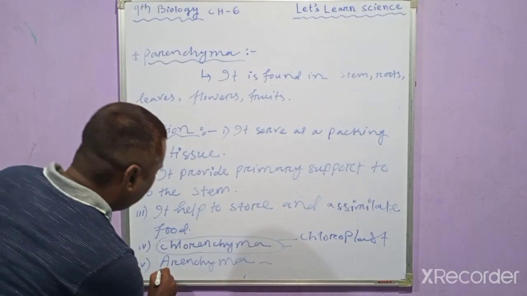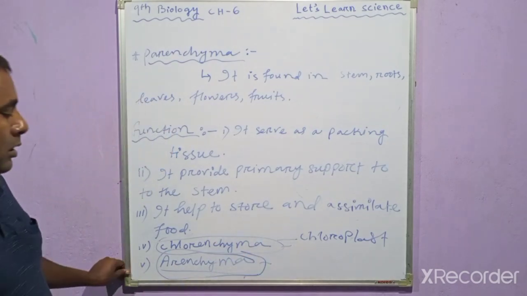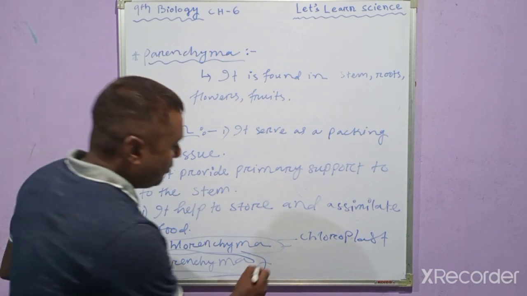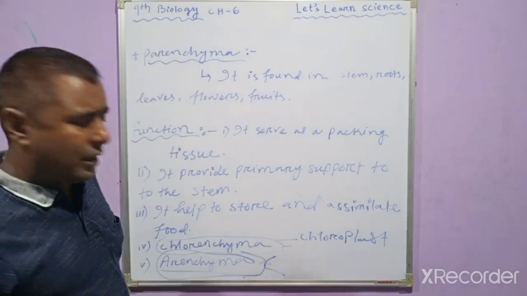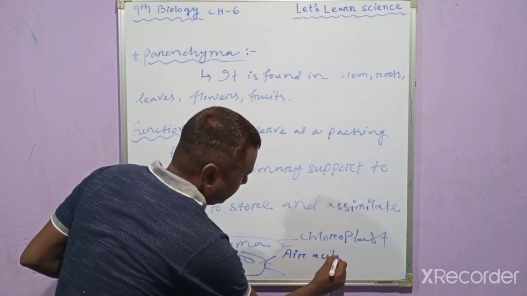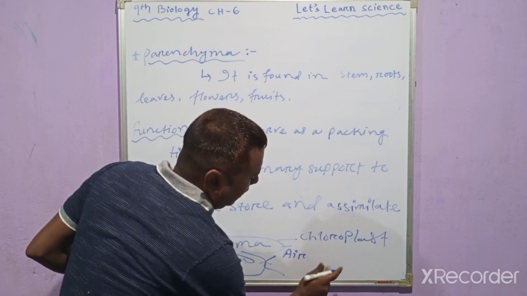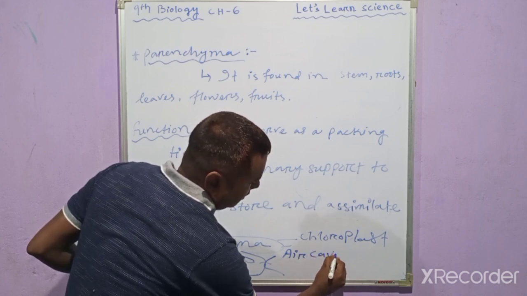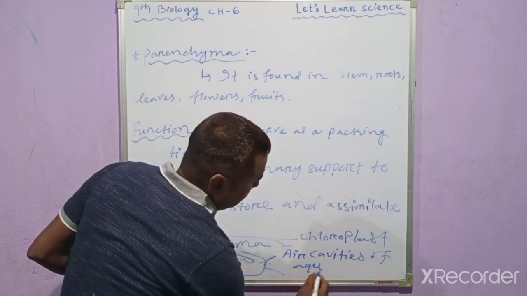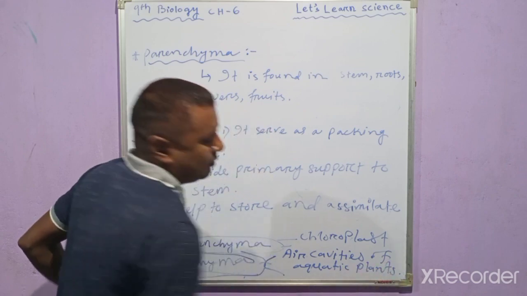Again, I have written another type of parenchyma tissue, that is aerenchyma, which is present in the air cavities of aquatic plants like water hyacinth.